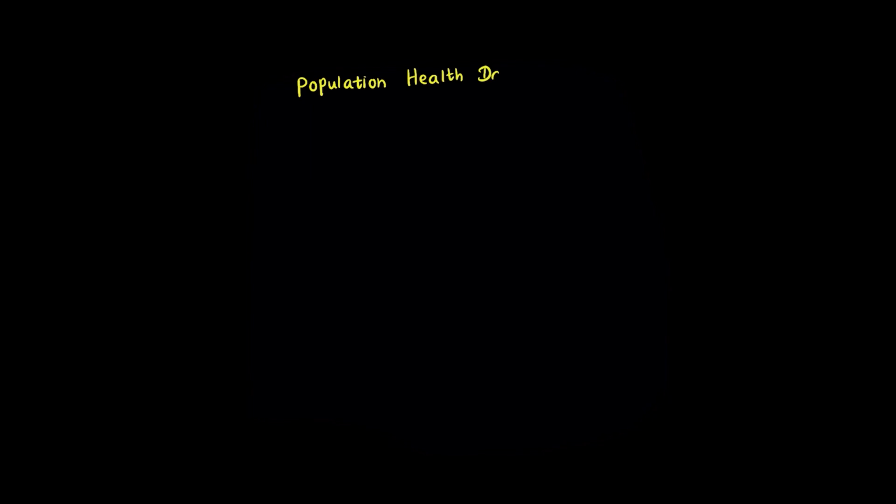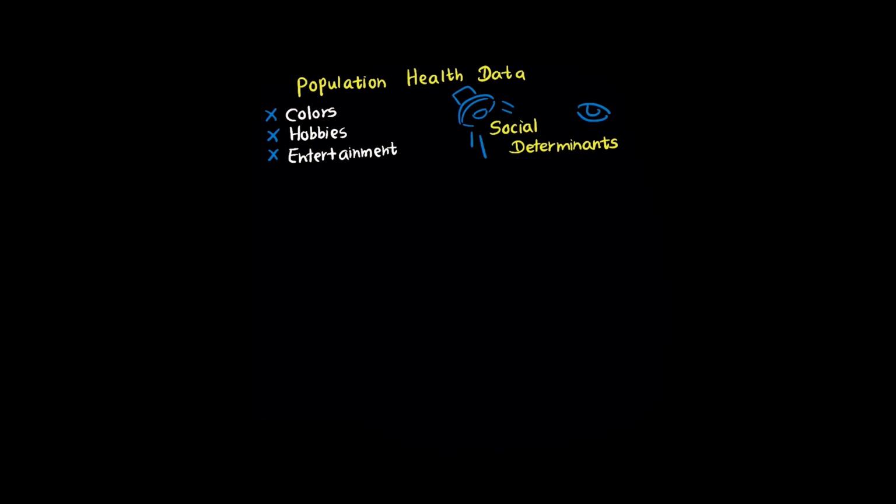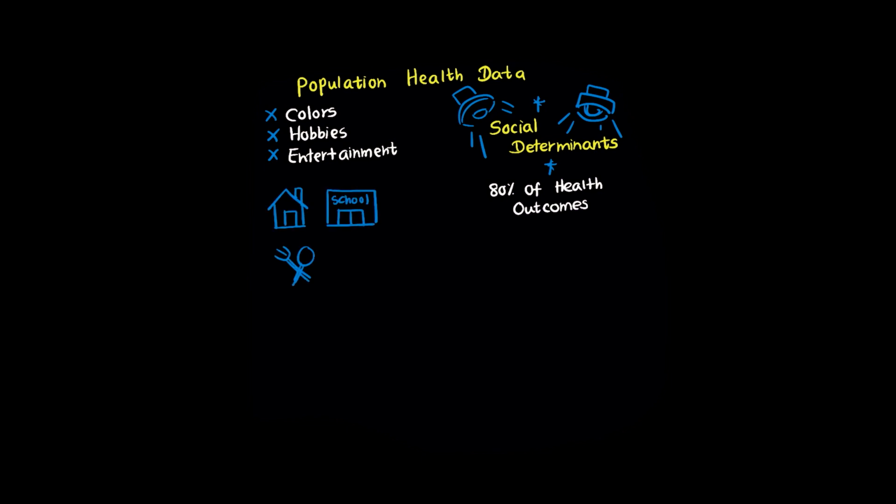Population health initiatives need the right data to address health disparities. Favorite colors and hobbies won't help identify community health needs. Entertainment habits are irrelevant. But social determinant factors, these are the game changers. We're talking about housing stability, education levels, food security, transportation access. These factors account for up to 80% of health outcomes.